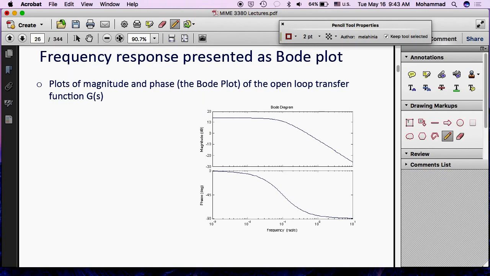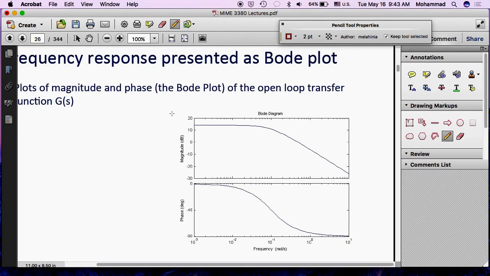What is this plot? What does it say? What kind of information does it carry?